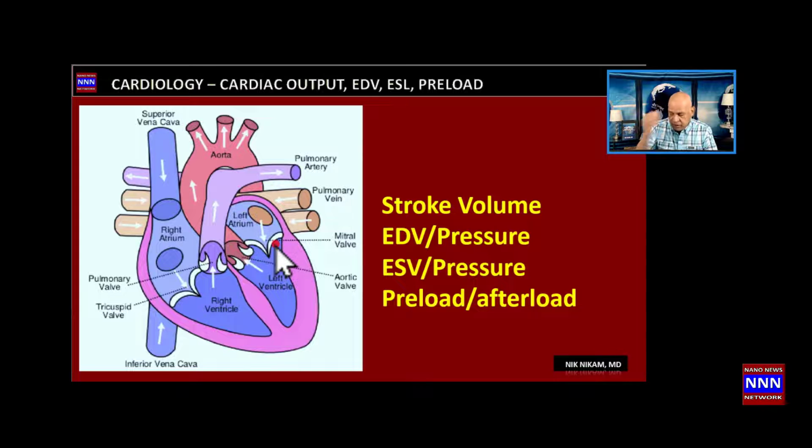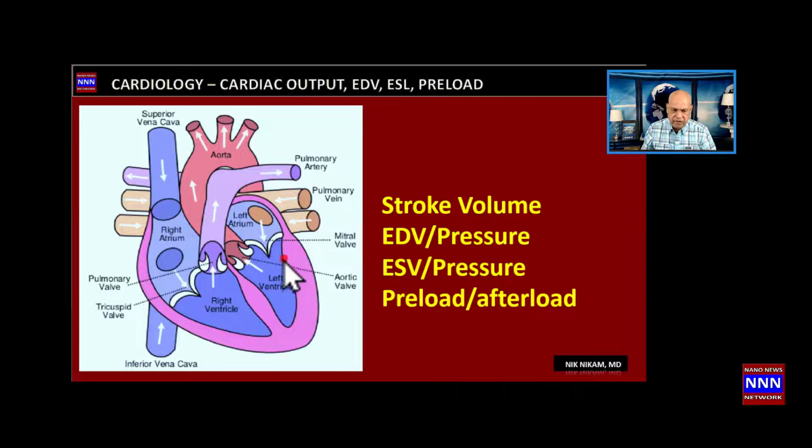Each time the heart beats, a certain amount of blood is coming back into the ventricle, so the effective stroke volume is going to be less than what is usually anticipated in a patient with a normal heart valve. So these things can vary depending upon the structure of the heart, depending upon the size of the heart, depending upon the contractility of the ventricle, and depending upon how much volume is there before it starts and how much pressure against which it has to pump.